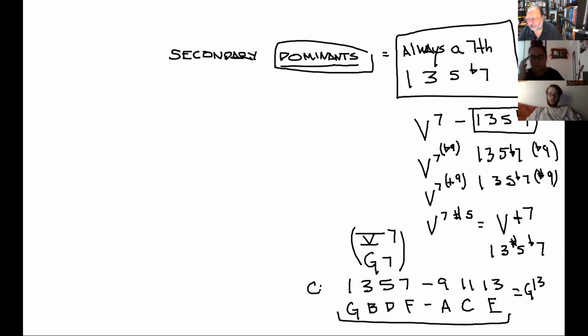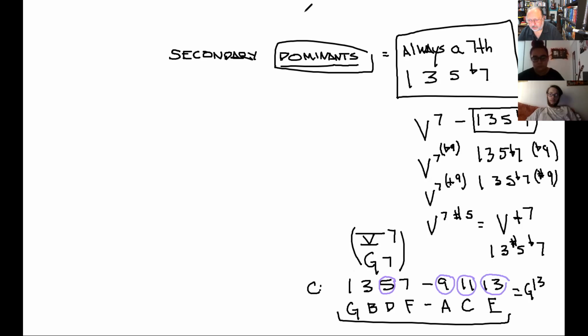So when you have a 13th chord like that, you can modify the 5, you can modify the 9, you can modify the 11, and you can modify the 13.